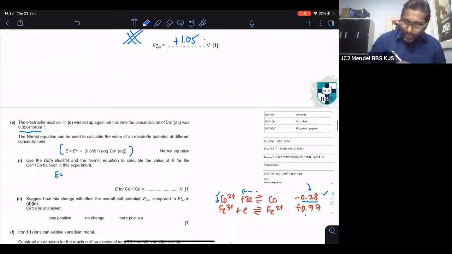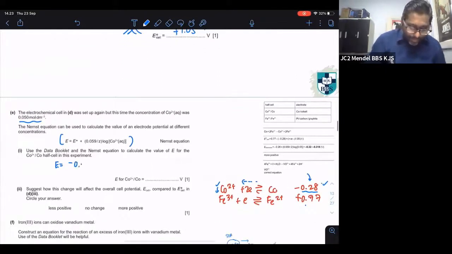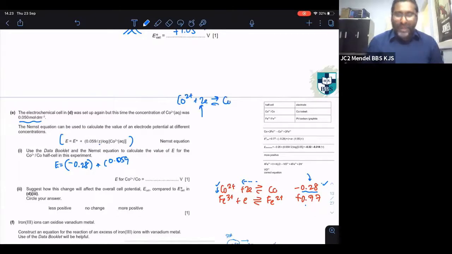So you use negative 0.28, and then plus 0.059 over Z. Z is the number of moles of electrons, cobalt 2 plus plus 2 electrons gives cobalt, so that is going to be 2, and then log of cobalt 2 plus, which is given as 0.05.